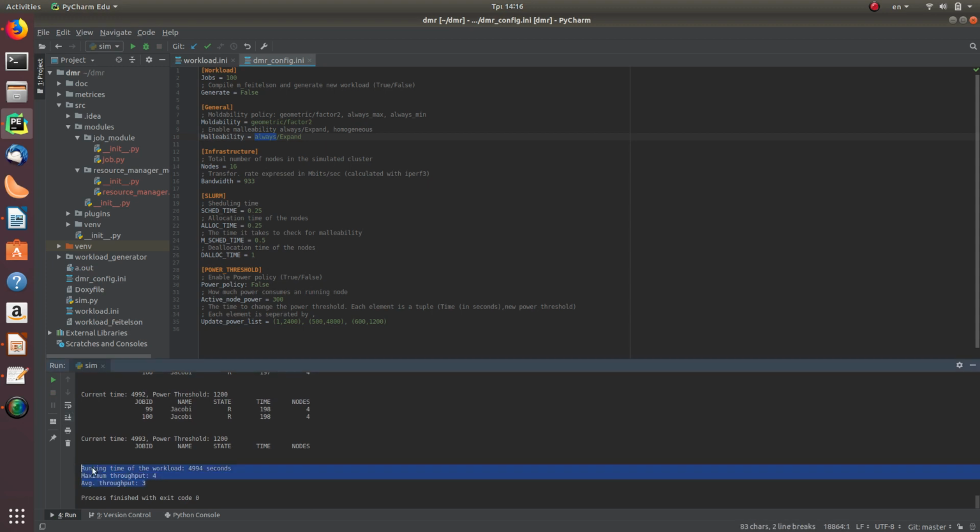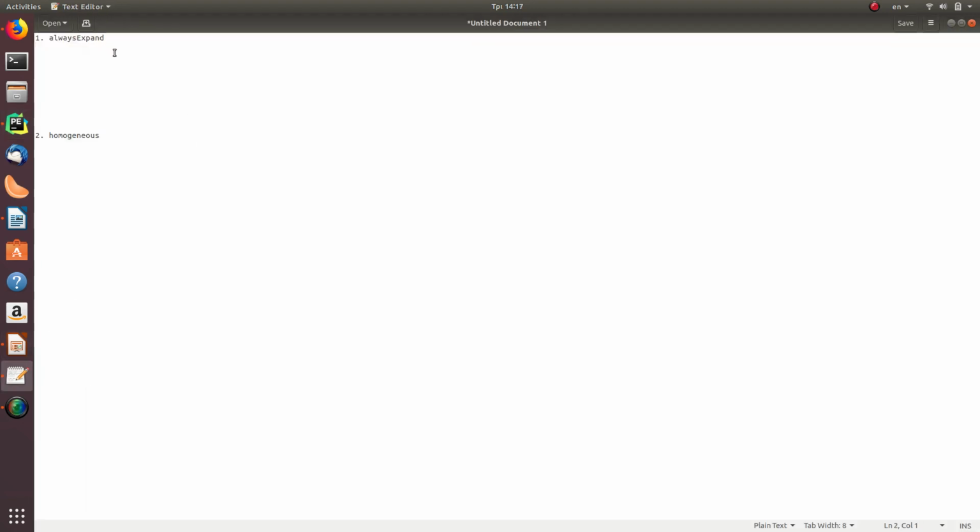So the final result is here, sorry. So here we have that the running time of the workload was 4,994 seconds. The maximum throughput of the workload was 4, and the average throughput was 3.